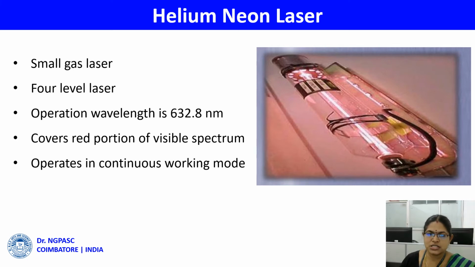It operates in continuous working mode, whereas most lasers are in pulsed mode. This is one of the examples of lasers which we use in our laboratory also. Most of the time it is used in industrial and scientific usages, and also for laboratory demonstration of optics.